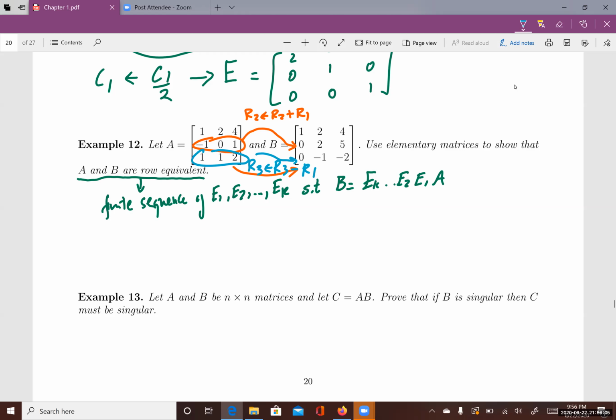All right, so that means from this row operation, R2 plus R1, we can come up with E1 equals, well, R1 and R3 stay the same. Just R2 is changing, R2 added to R1.